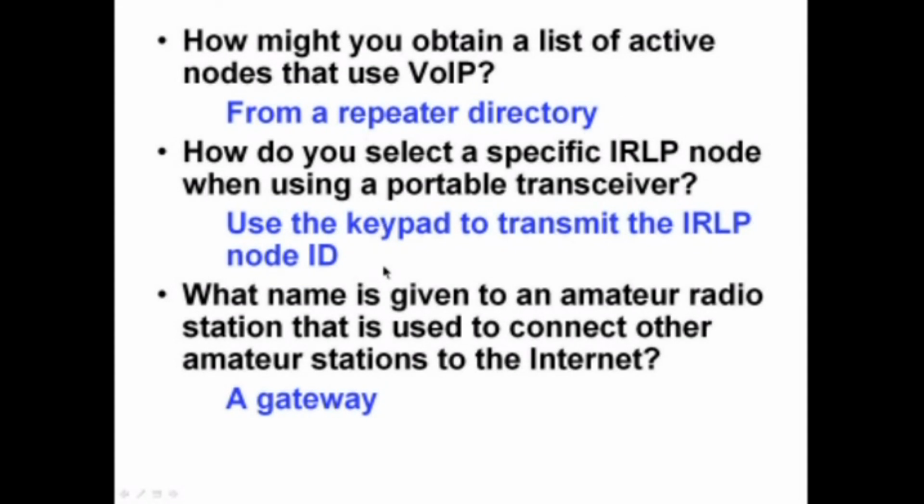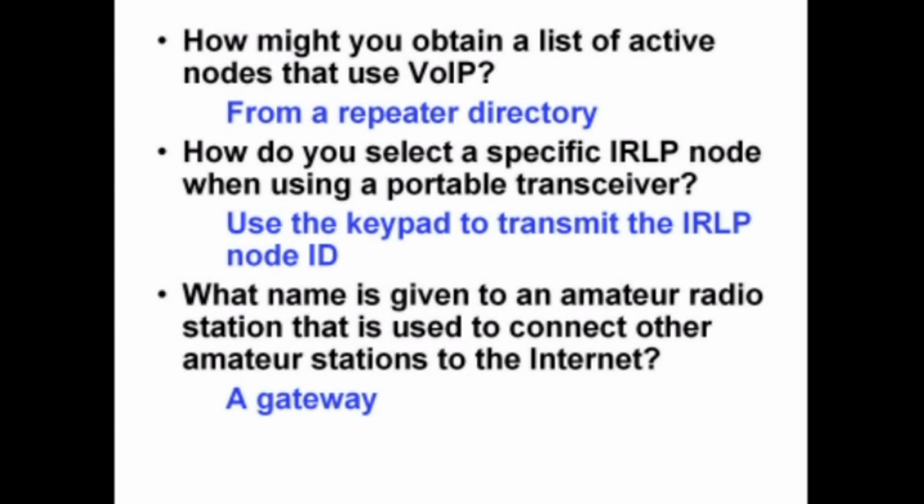How do you select a specific IRLP node? Here we are again, Internet Radio Linking Project. These are repeaters that are linked to each other using the internet. So I can sit here in Pahoa, Hawaii, and link to a repeater in Las Vegas, Nevada, and talk to somebody in Las Vegas with my 2-meter handheld radio, which is kind of a cool thing.